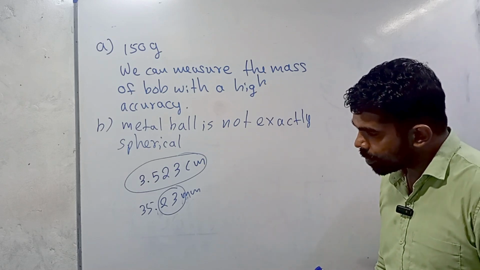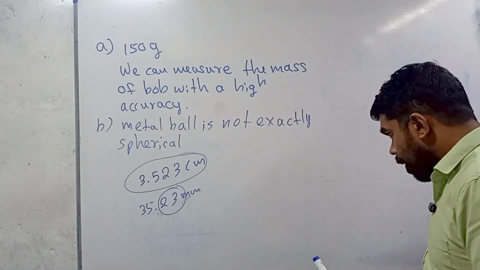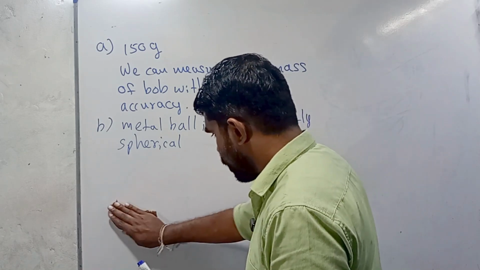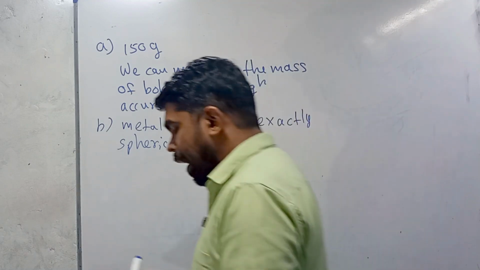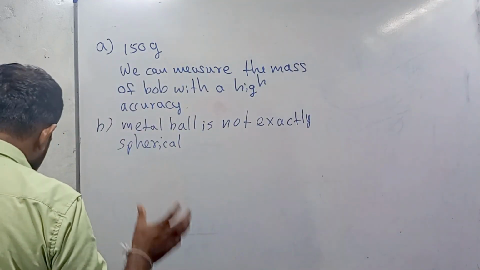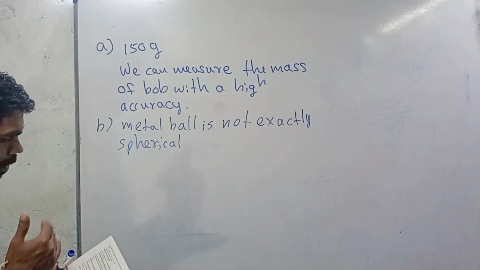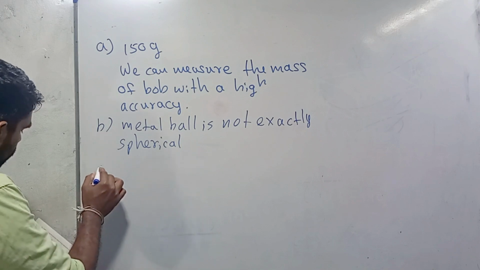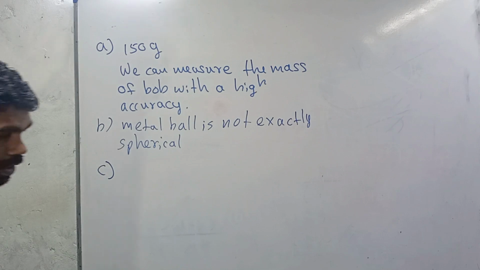It means this instrument should be a micrometer screw gauge. When considering the instrument, we have to consider the size of the measurement. It is about 3 centimeters, 3.5 values. Therefore, we can obtain 3.5 values by using the micrometer screw gauge.